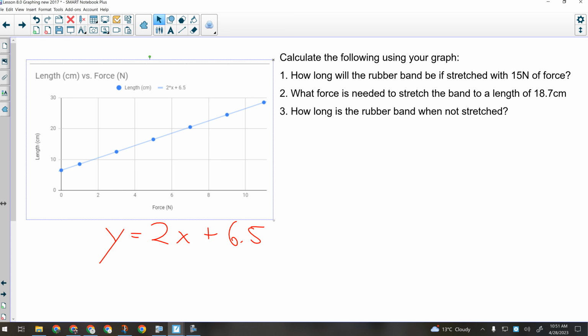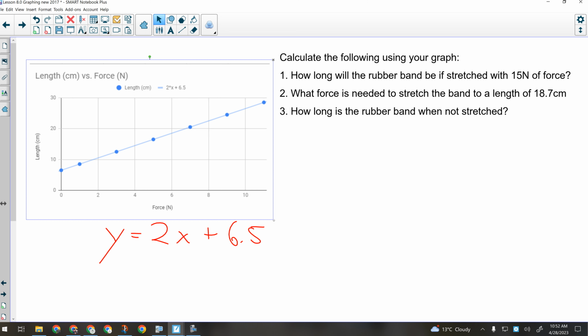I'm looking for how long, which axis has length on it? The y-axis has length on it, yes? That means the question is asking me to solve for a y value using what they gave me, 15 newtons worth of force.